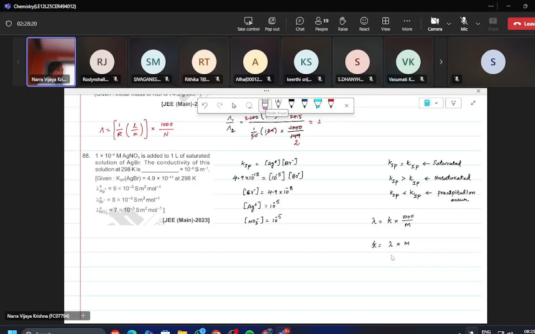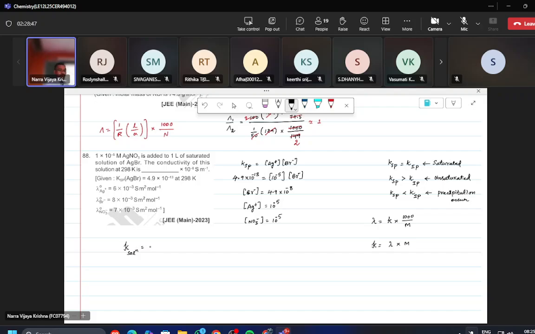If it is for the total solution given, I will not write 1000. So kappa of Br minus is lambda of Br minus into concentration of Br minus. Kappa of the total solution equals kappa of Br minus plus Ag plus plus NO3 minus.